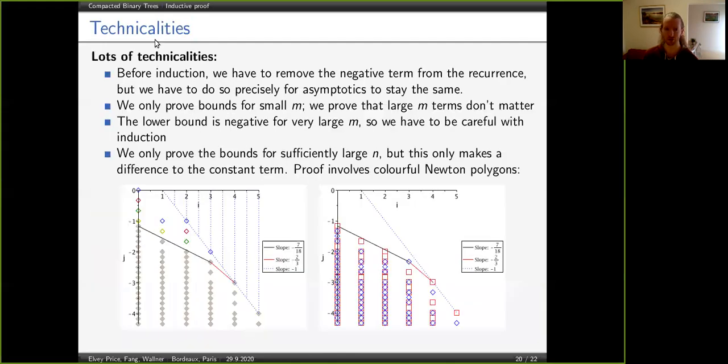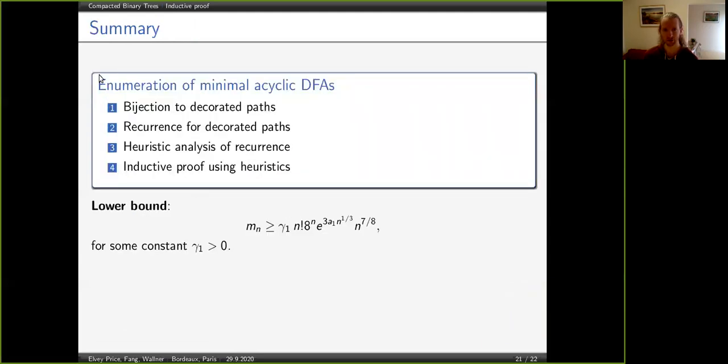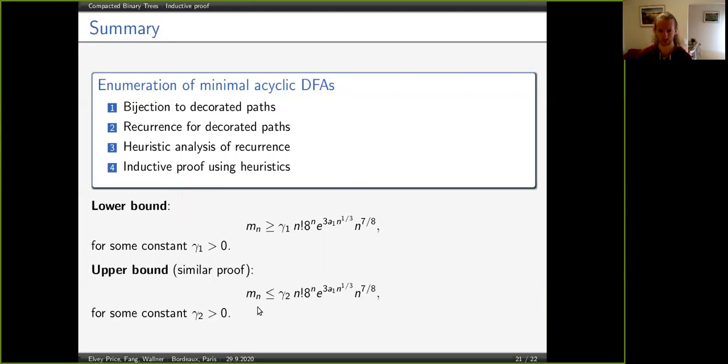Okay, there are quite a few technicalities that I'm skipping over here. I guess you can pause the video if you want to read this slide properly. But anyway, in summary, these were the main steps in proving the lower bound and similarly the upper bound.